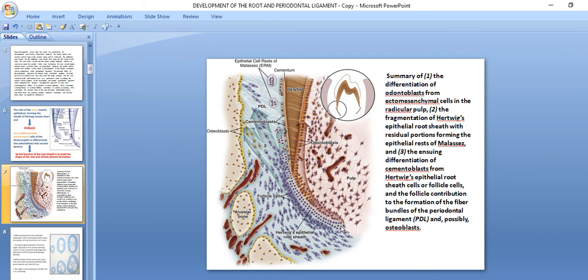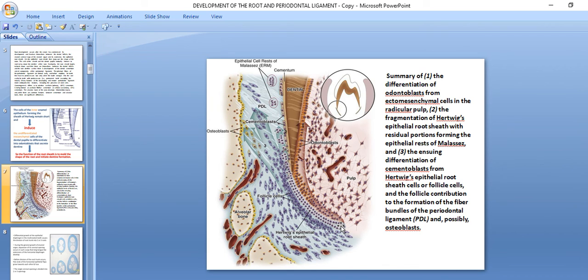The localized retention of such factors may help explain the occasional presence of stellate reticulum and stratum intermedium in the root, giving rise to enamel pearls on the root surface, and we'll see a bit later these pearls.